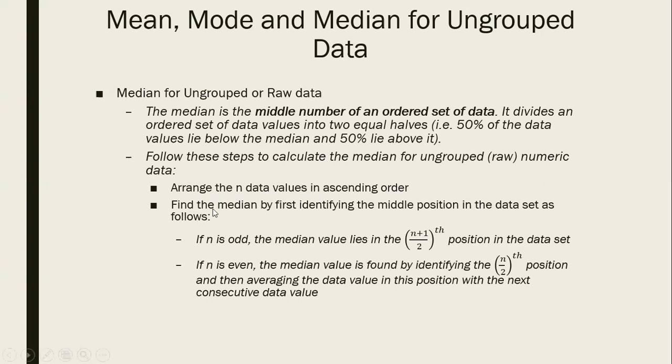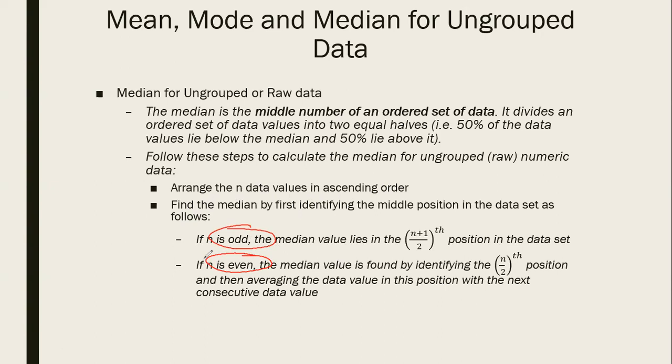Then the second thing, you need to check whether the data is odd or even. That is very, very important. An odd number is a number that is not divisible by 2. An even number is a number that is divisible by 2.